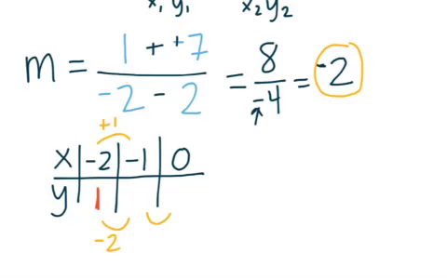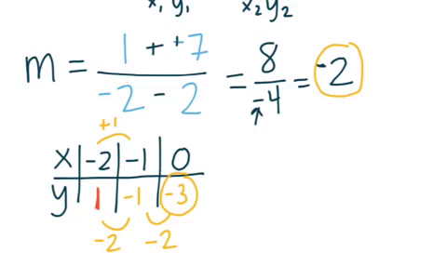So I'm going down 2 each time. So 1 subtract 2 is negative 1. And then I need to subtract another 2, and that is negative 3. So that helped us find our y-intercept. So whenever x is 0, the y value is my y-intercept.